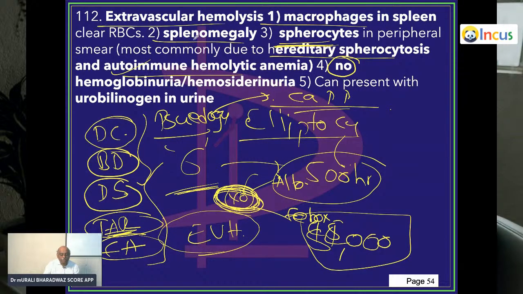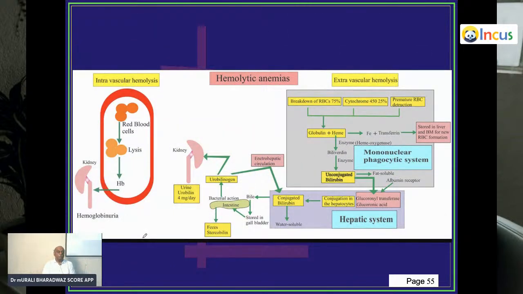But even extravascular hemolysis can lead to urobilinogen in urine, because the spleen also forwards that bilirubin to the liver. The liver forwards it to the gut, and the gut converts that into urobilinogen, and you can find urobilinogenuria not only in intravascular but also in extravascular hemolysis.